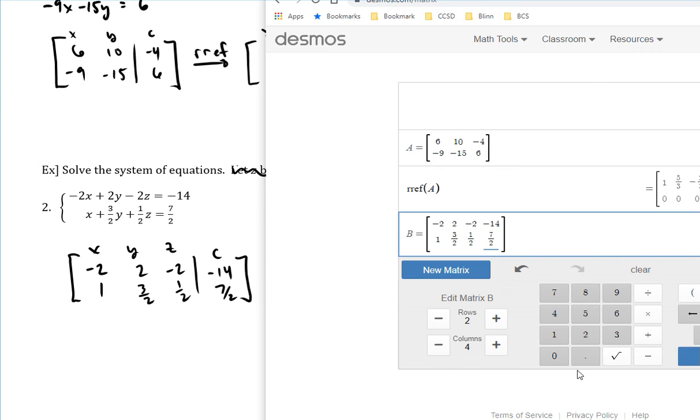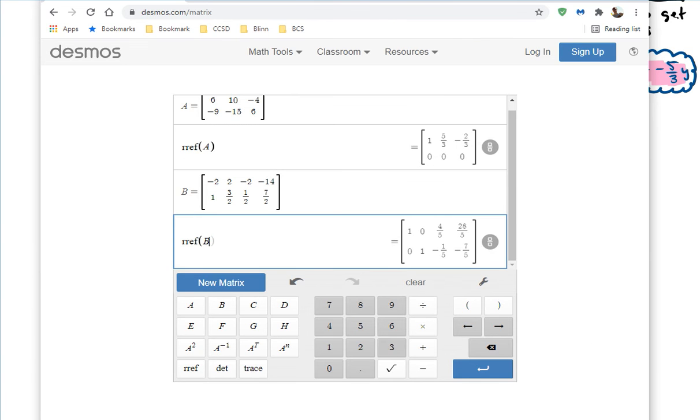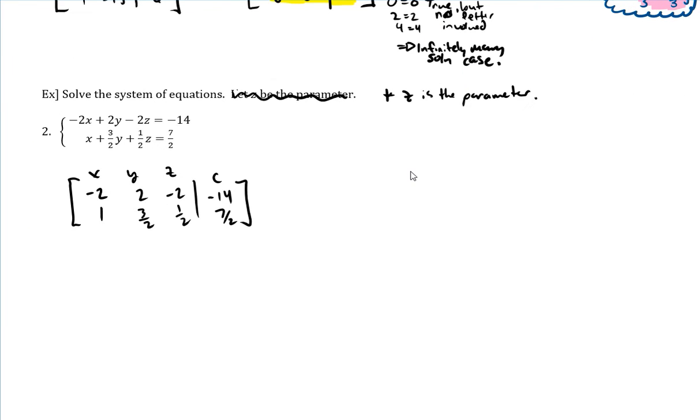All right, so that is set up. Let's go ahead and press enter. And there we go. And now I want to do my RREF on it. It is matrix B. Okay, and then let's go ahead and change it to fractions. Okay, so here we do have a different case than just a bunch of zeros, but it's still going to help give us our answer.